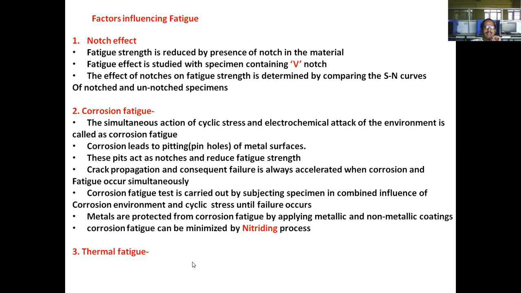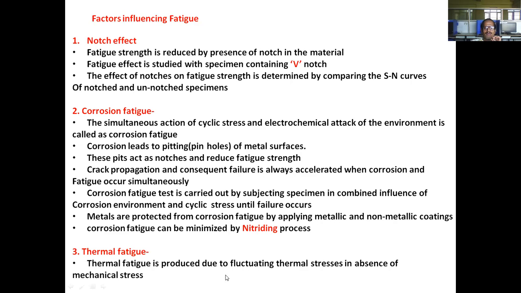Thermal fatigue is the third factor influencing fatigue. Thermal fatigue is produced due to fluctuating thermal stresses and not mechanical stresses. In the previous cases we observed mechanical stresses, where we applied load, but here thermal fatigue is observed due to thermal shocks and fluctuating thermal stresses.